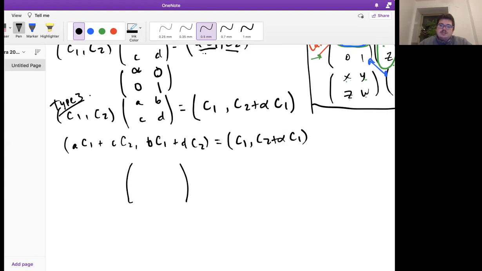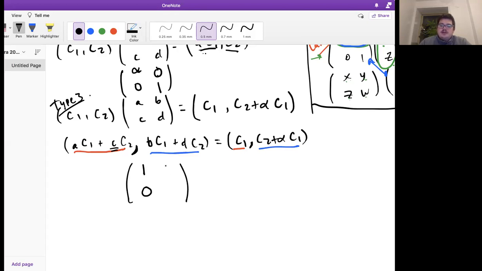So how do I get these two things to be equal? So this needs to equal this, and this needs to equal this. Yeah, A equals 1. How about C? So little c, what would that need to be? Yep, 0. Your first position is just C1.